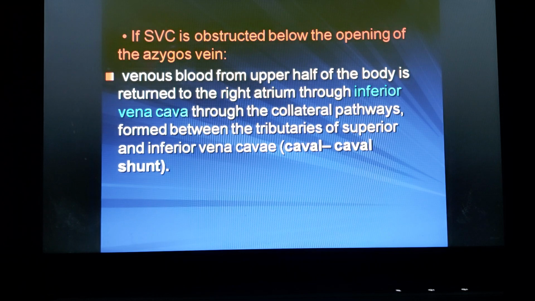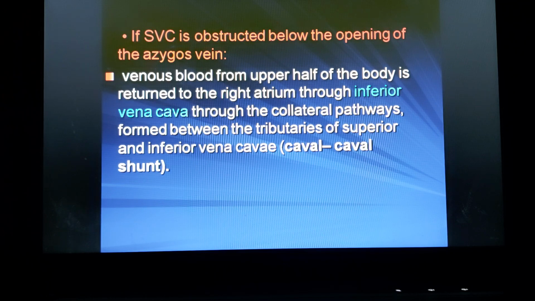Coming to if the superior vena cava is obstructed below the opening of the azygos vein, what happens? Venous blood from the upper half of the body returns to the right atrium through the inferior vena cava. So collateral pathways are formed between the tributaries of the superior vena cava and inferior vena cava.